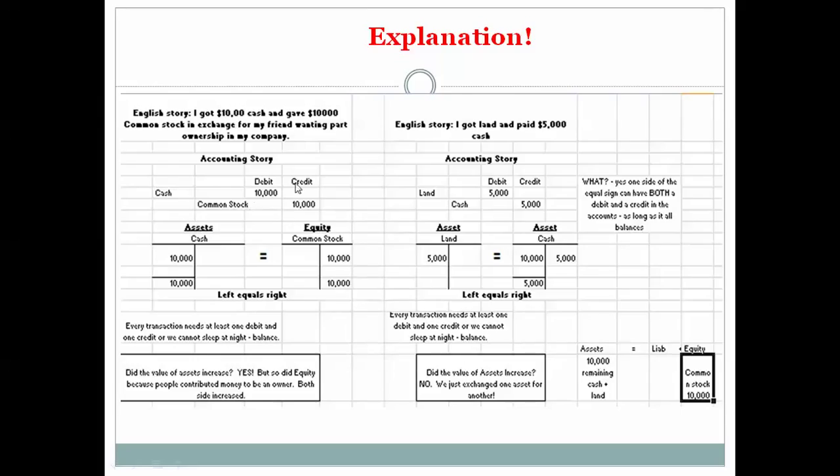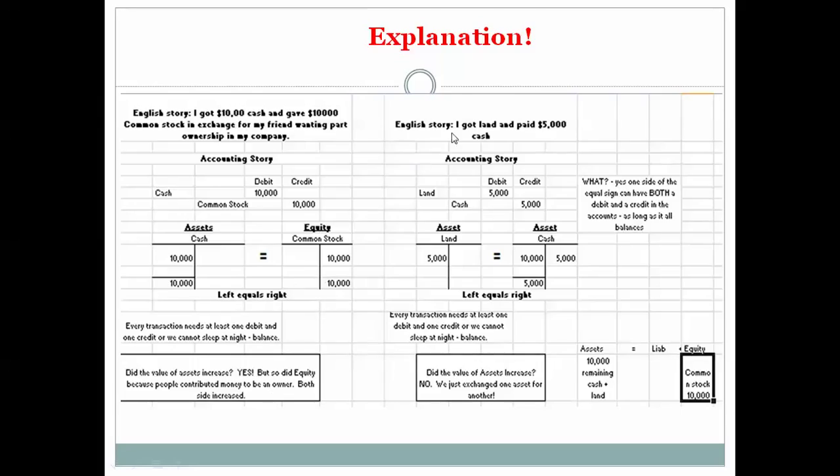So we've not only got the complete story, we've got the summarized story of each account. So again, every transaction needs at least one debit and one credit, and we cannot sleep if the left does not equal the right. And then we have to look, did the value of the assets increase? Yes, but so did equity because people contributed money to be an owner, both sides increased.